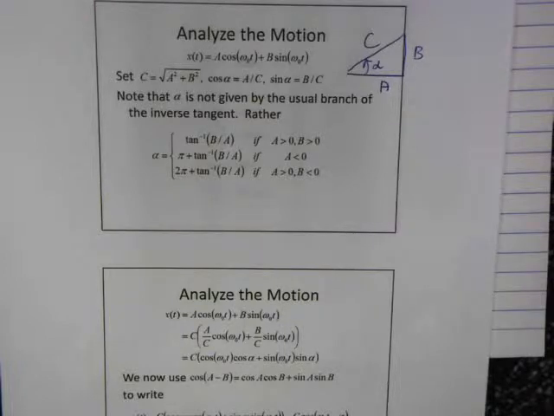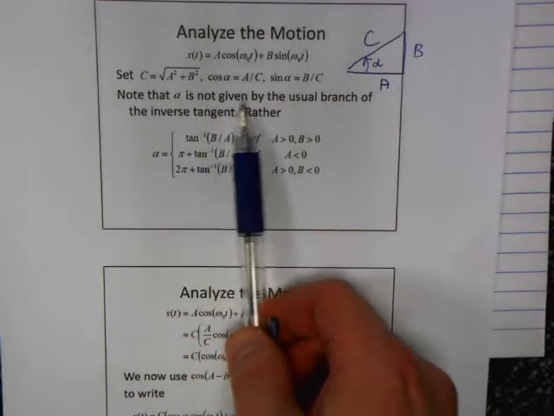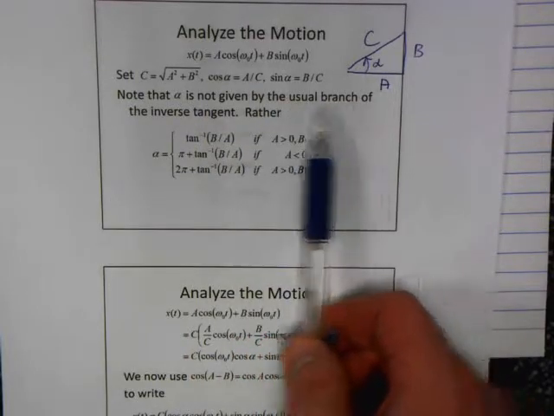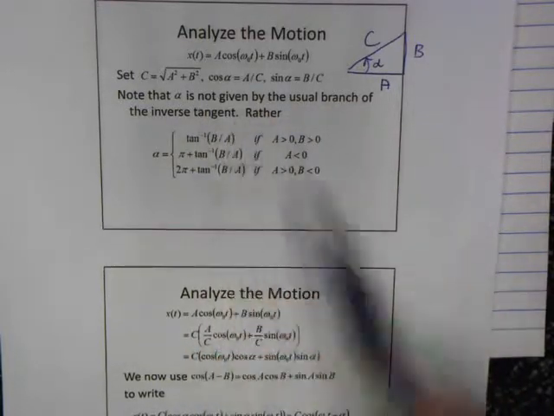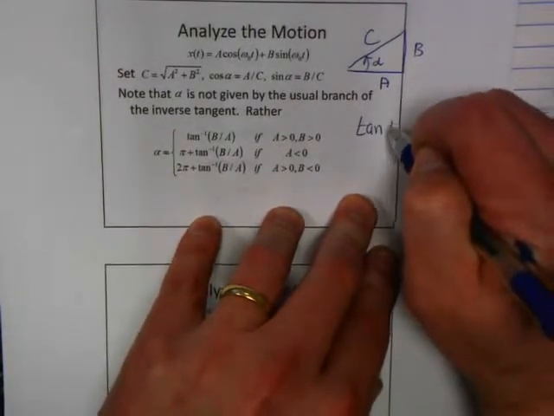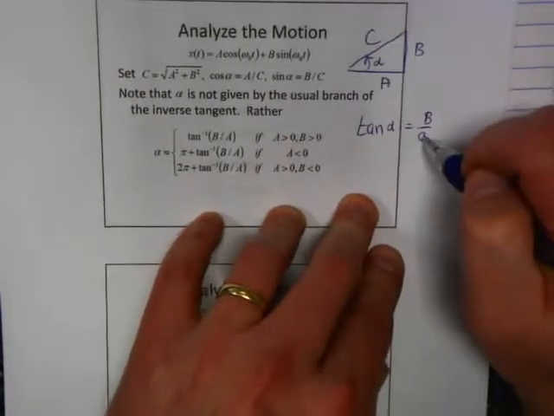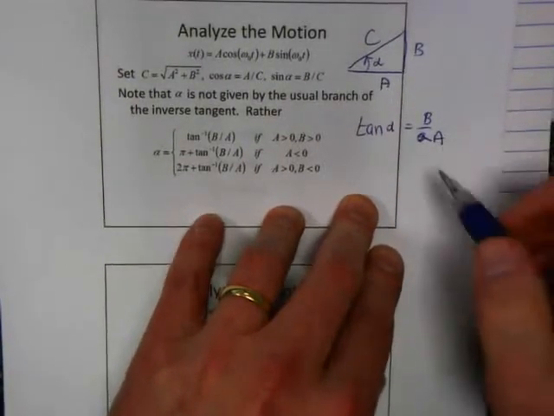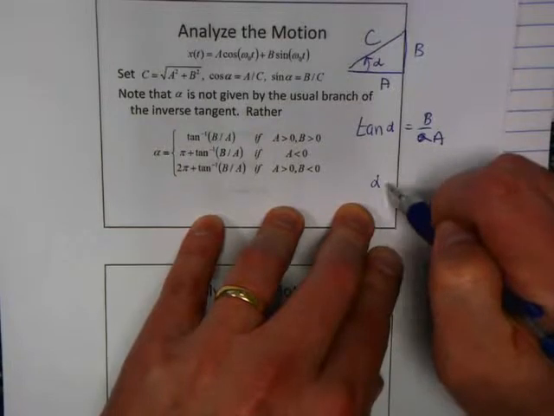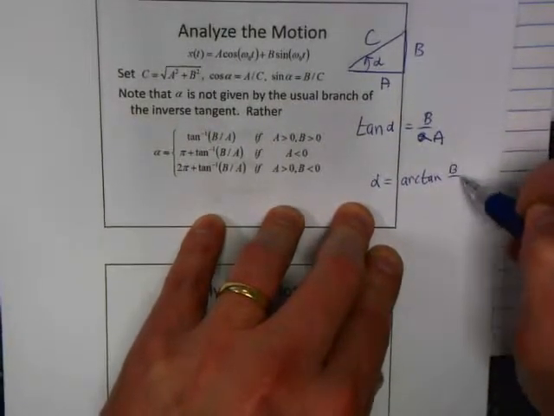However, there's a note here that says alpha is not given by the usual branch of the inverse tangent. I could easily write tangent of alpha equals b over a, opposite over adjacent. So it's very tempting to write that alpha is arc tangent of b over a.